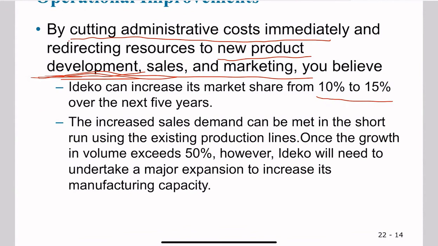So you think that the increased sales demand can be met using the existing production lines, but only in the short term. In the long term, if the growth in volume is larger than 50%, then the firm, Idaco, will have to undertake some expansion to increase its manufacturing capability.